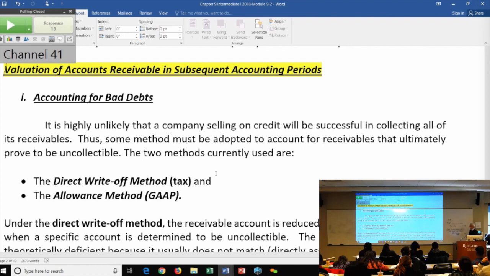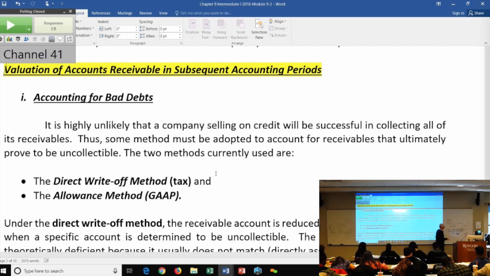The second problem is that accounts receivable are overstated. Accounts receivable should be valued at what we call net realizable value or cash realizable value. That's the amount we expect to collect. So the problems with direct write-off are that it would not properly measure revenue, and it would not properly measure the receivable. And that's why we use the allowance method.